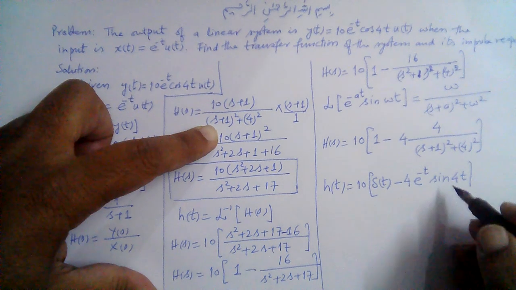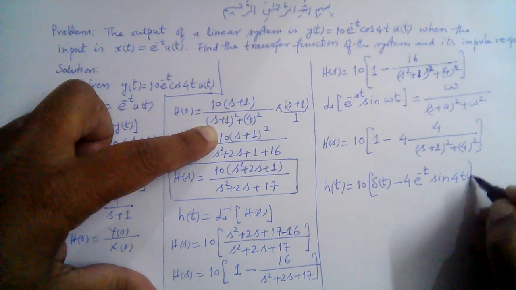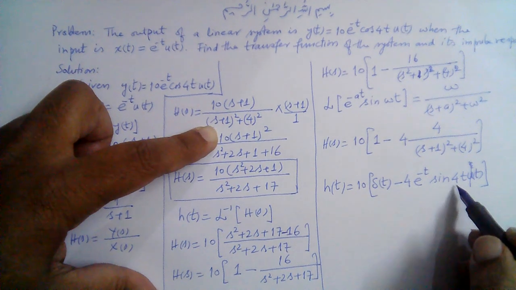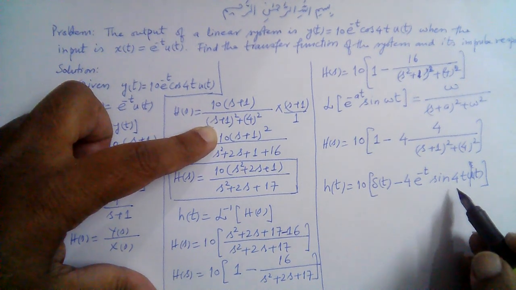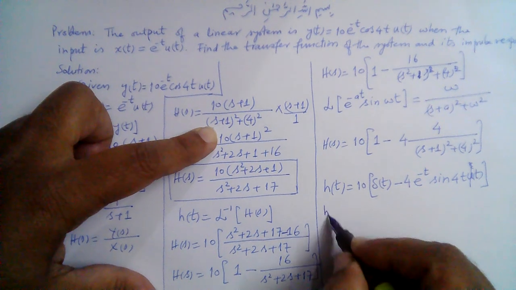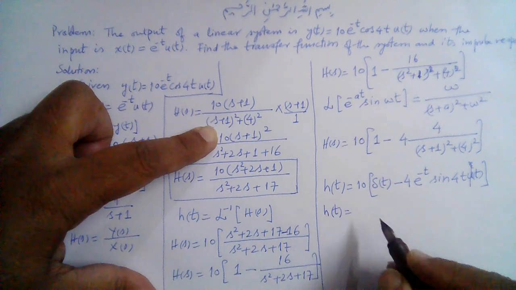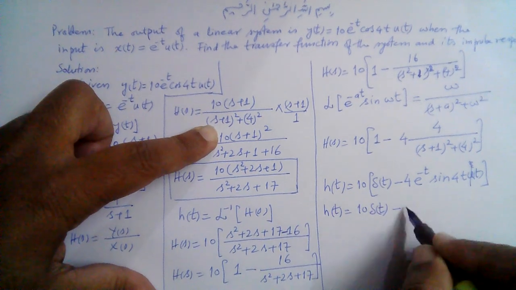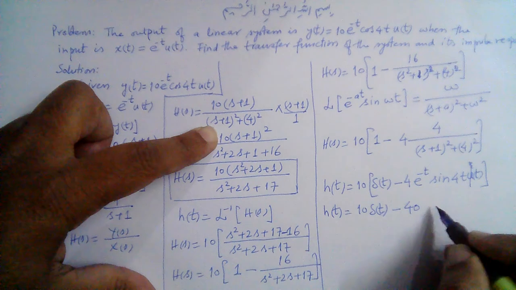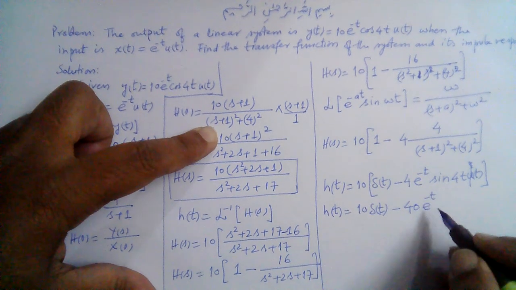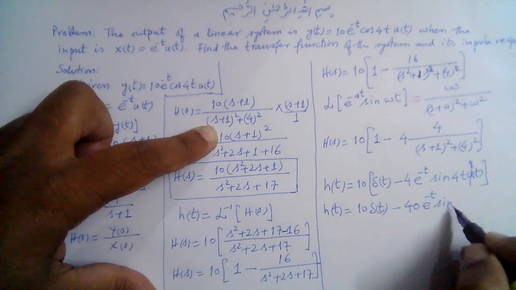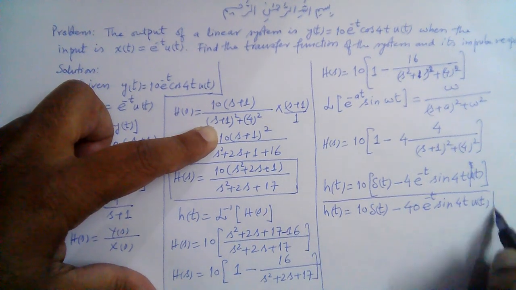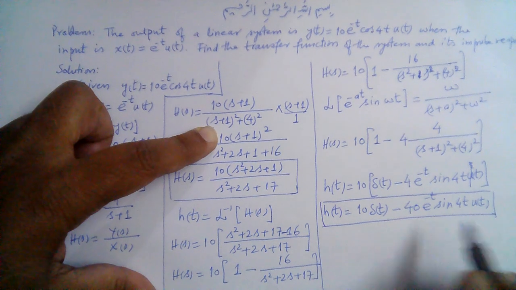This is to signify that this is for time t greater than or equal to 0. So h of t is given by 10 del t minus 40 e raised power minus t sine 4t u of t. So this is the impulse response of the given circuit.